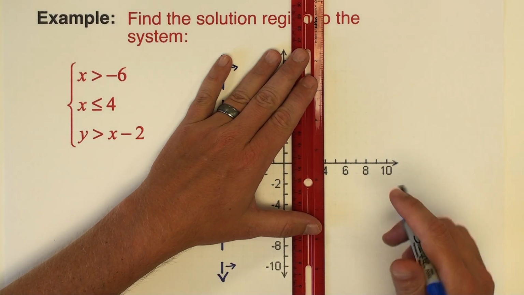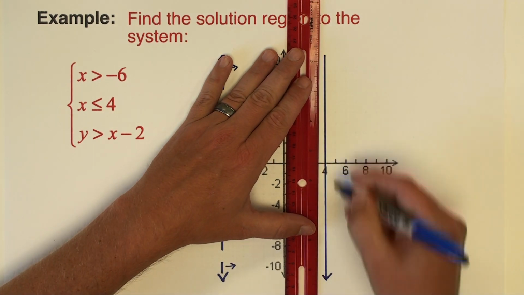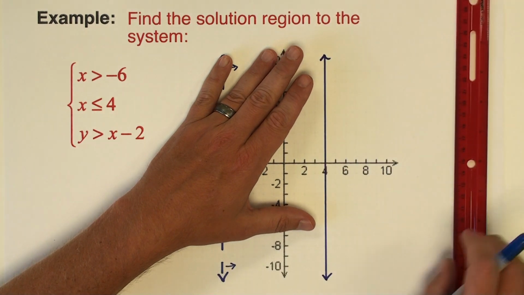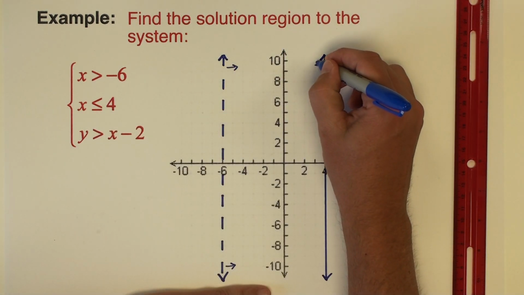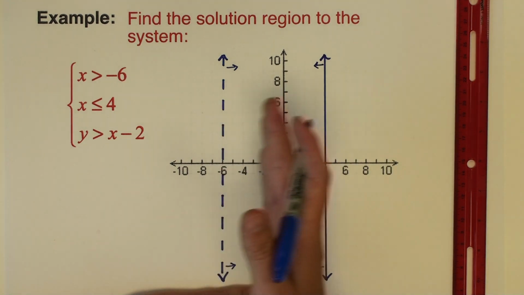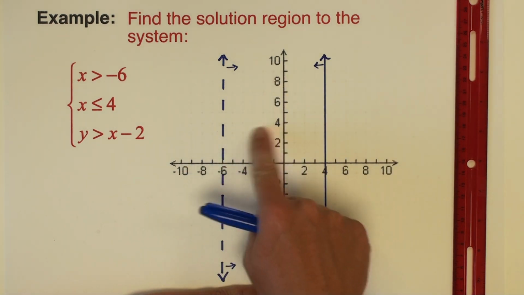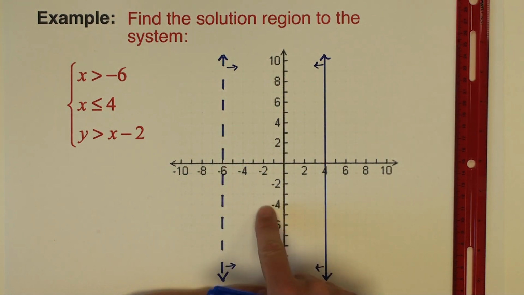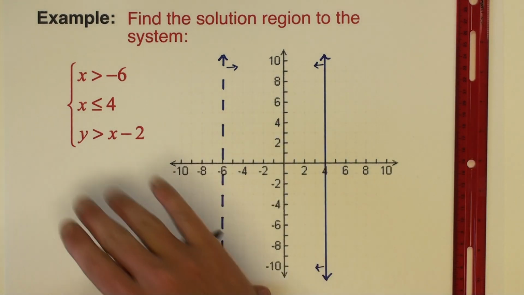There's an equal to, so we are going to use a solid line. And less than 4 is going to be everything to the left. Okay, so right now we've got two vertical lines, and the overlap is everything shading between these two lines. If you can envision that, we want everything between here so far, nothing on the outsides.